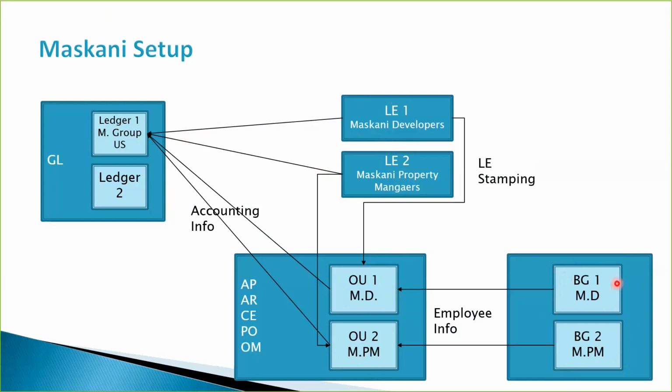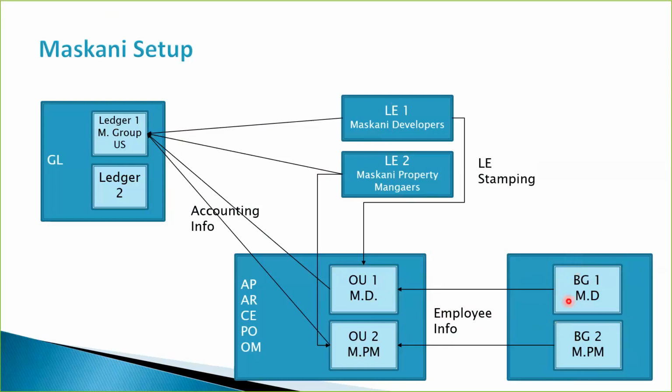So we are going to have two business groups, one for Mascani Developers and the other for Mascani Property Managers, which basically means that these two companies have a different list of employees, okay? And we already talked about why we need to associate an operating unit with a business group, because there are functions within payables which require employee information, and employee information is partitioned and stored within the business groups.